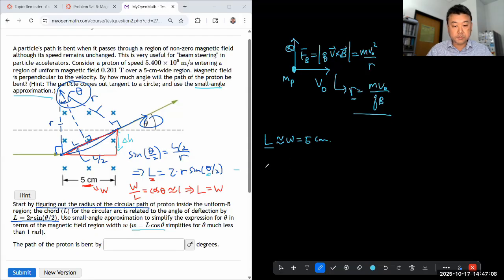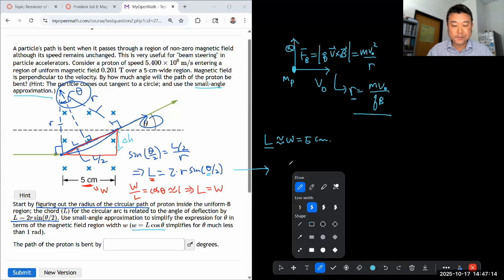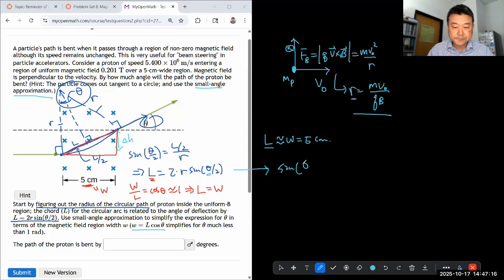Doing that, let me solve for sine theta first, or sine of theta over 2. Sine of theta over 2 is equal to L divided by 2r. I have an expression for r. I'll just leave r here, and plug it in as I'm plugging in all the numbers.